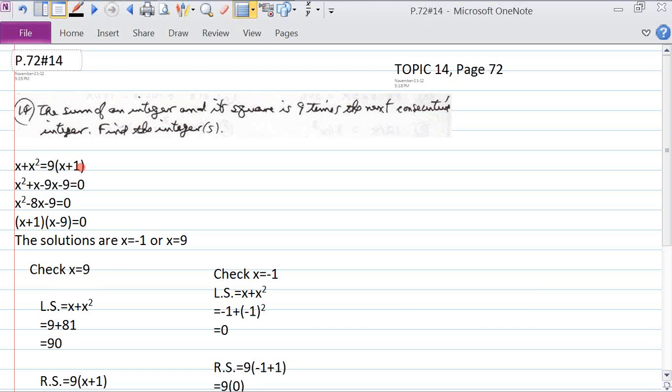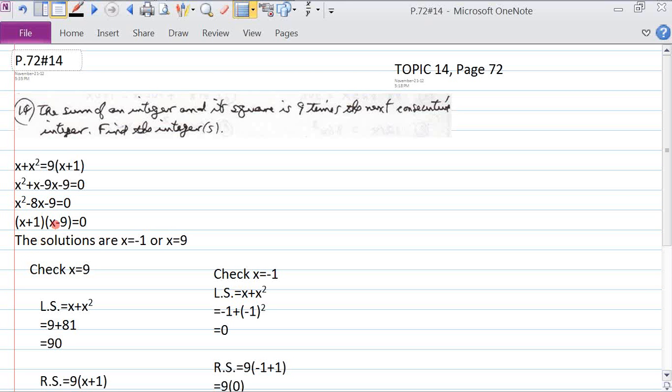The next consecutive integer to x is x plus 1. We transpose this from the right to the left, we get minus 9x. We transpose 9 from the right, we get minus 9. Now we have x squared plus x minus 9x is minus 8x, and minus 9 equals 0.